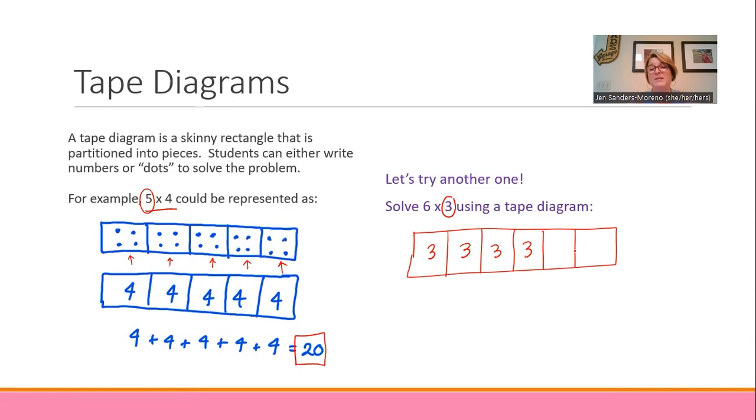So they probably are like, I can do this. All right, cool. So when I have all this together, what we're asking is how much is 6 3s? Okay, so 3 plus 3 plus 3 plus 3 plus 3 plus 3. That is, in fact, 18. So we are adding 3 6 times to get a total of 18.